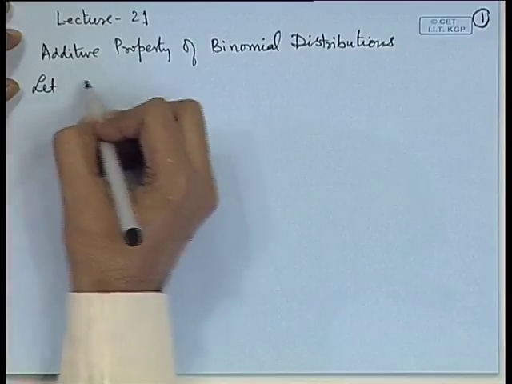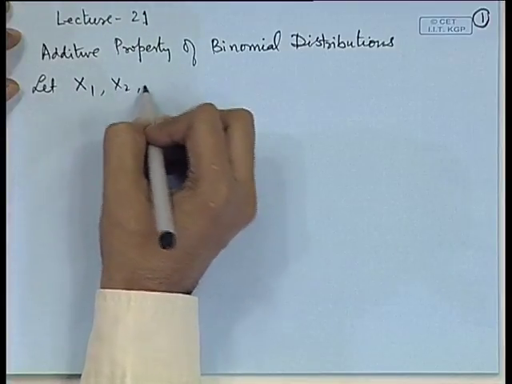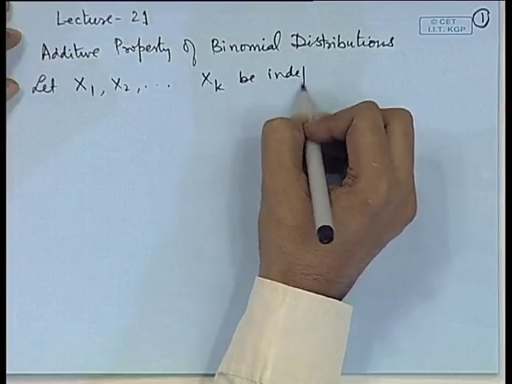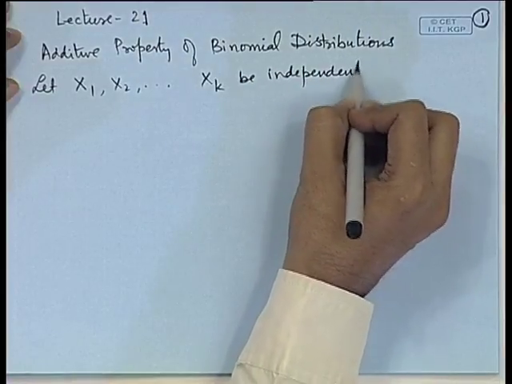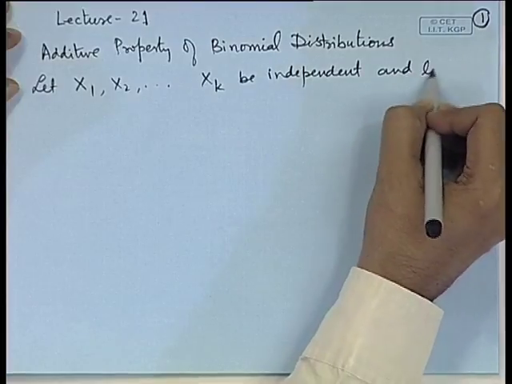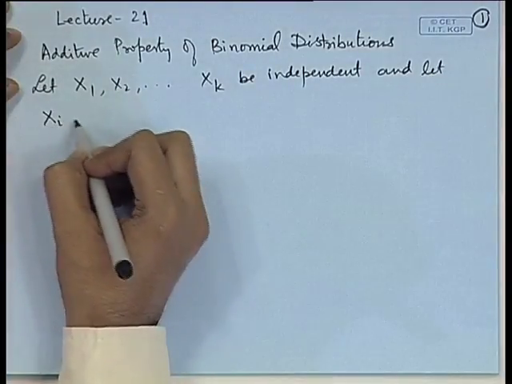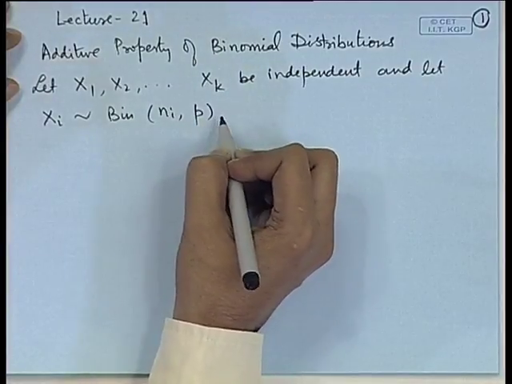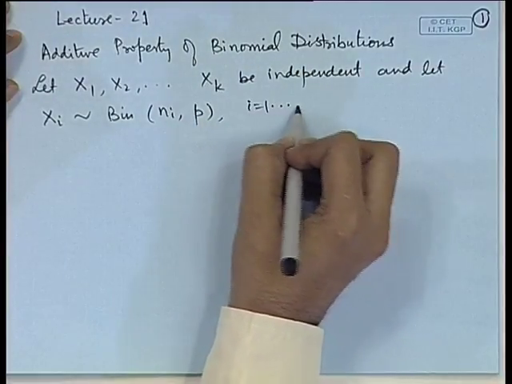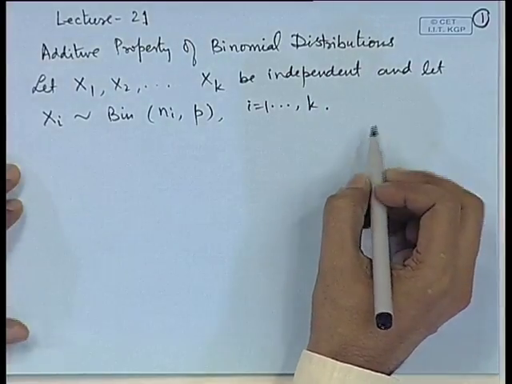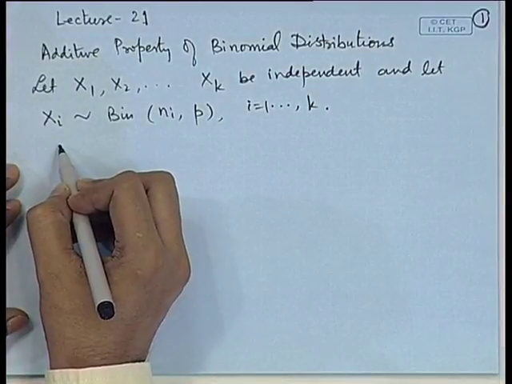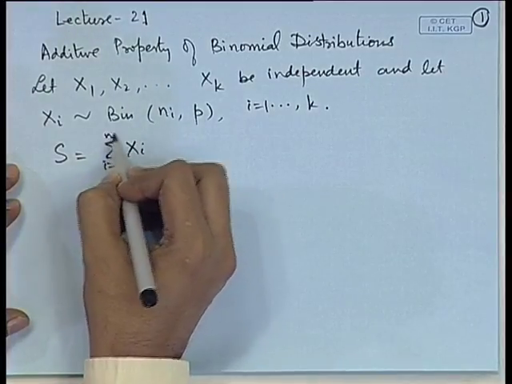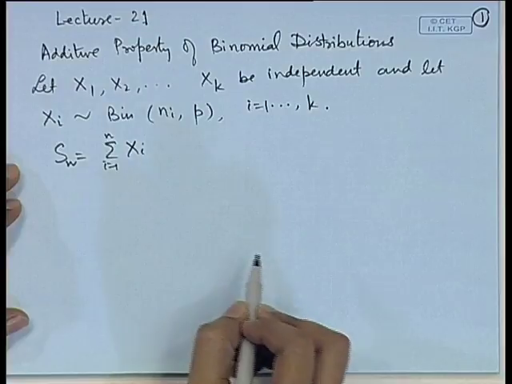Let X1, X2, ..., Xk be independently distributed random variables, and let Xi follow a binomial(ni, p) distribution for i equal to 1 to k. I am interested in the distribution of S, that is the sum of the Xi, which we can call Sn.